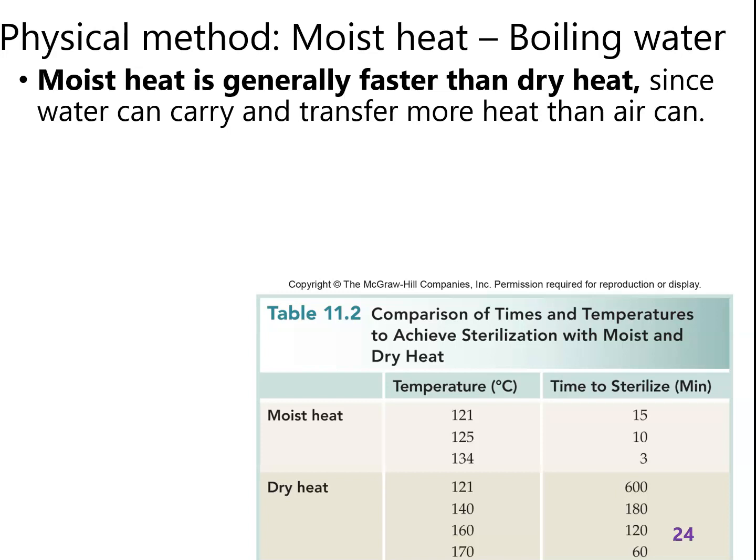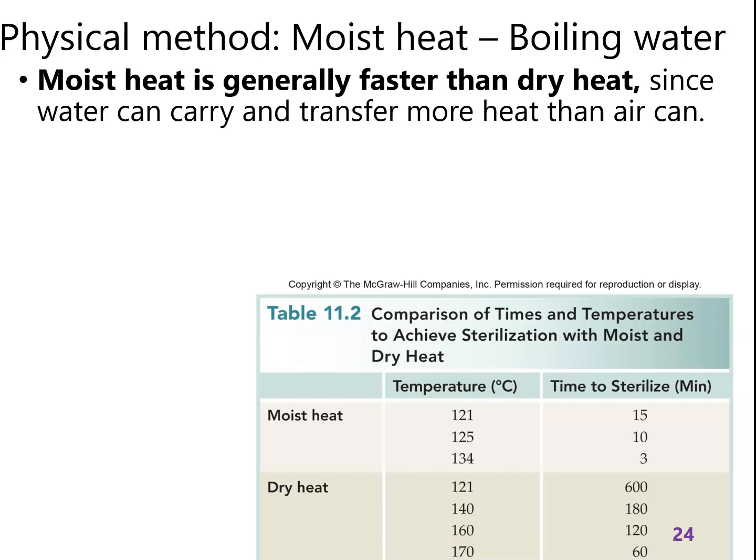Heat and temperature are not the same thing. So I'm not saying that water can get hotter than dry heat. That's not what I'm saying. I'm saying it can carry more heat. And you just have to take my word for that. That's a thing in physics and engineering. And that's what's going on.